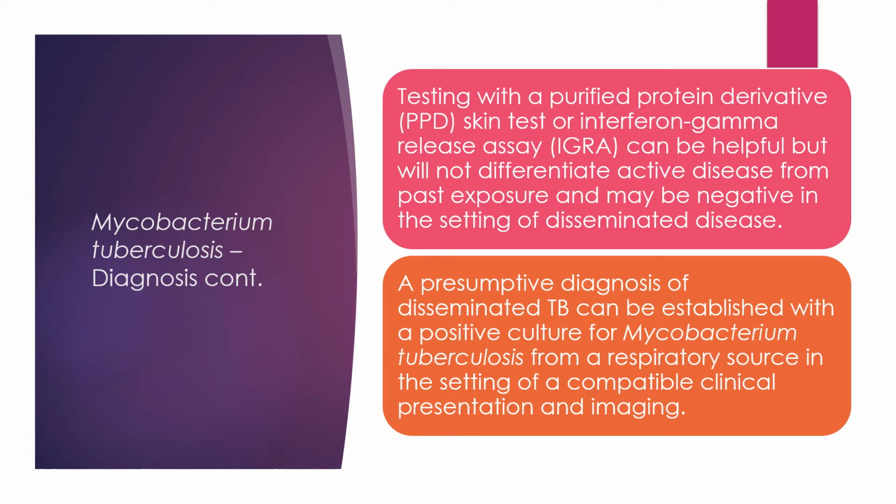And it can be falsely negative in the context of disseminated disease due to inadequate immune response. Something to note, though, is you don't always have to pursue biopsy of hepatic lesions. If you have a positive sputum with Mycobacterium tuberculosis and otherwise a clinical picture that fits, you can make a presumptive diagnosis.